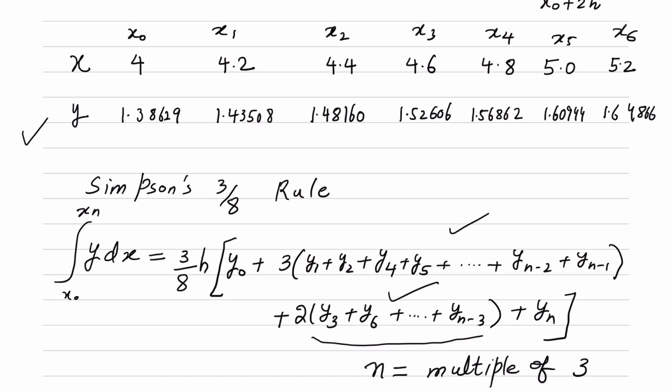So let's put in the y values now. We will put the y values from here. Let's name the y values: y0, y1, y2, y3, y4, y5, y6.